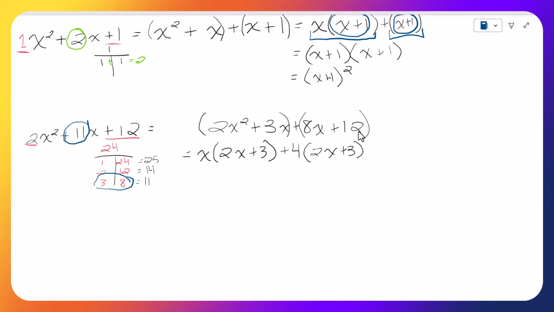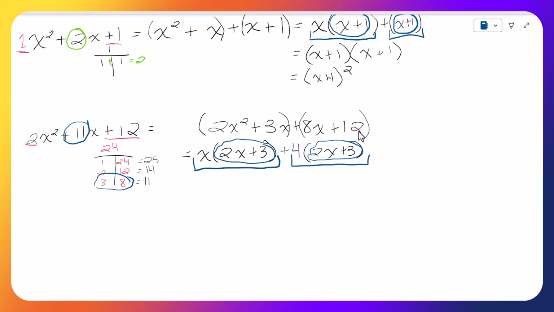And you can sort of tell if you're doing things right, because if we were to look at our two terms here, we have our x, 2x plus 3, and our 4 times 2x plus 3. It's helpful to notice that these two factors are the same. That's a good sign.